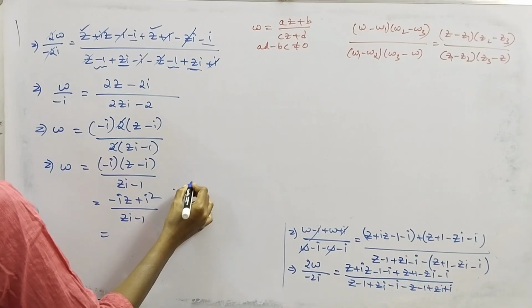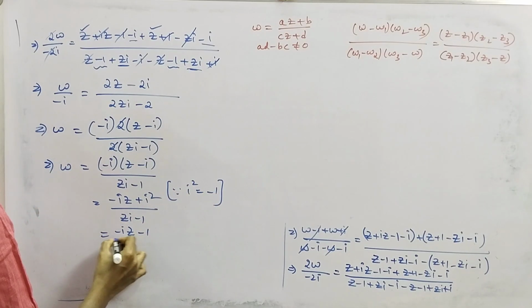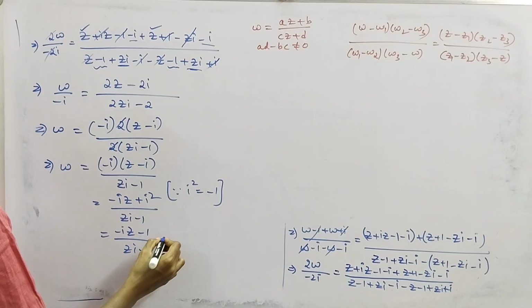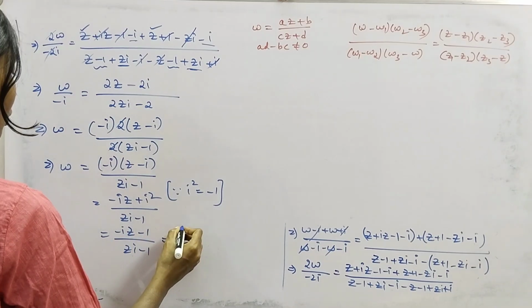Since I square equal to minus 1, you'll get, right? Fine. You can take minus common from the numerator and minus common from the denominator and see what you're going to get.